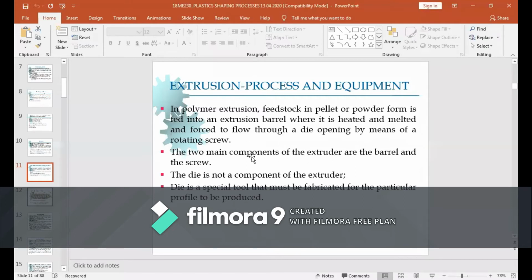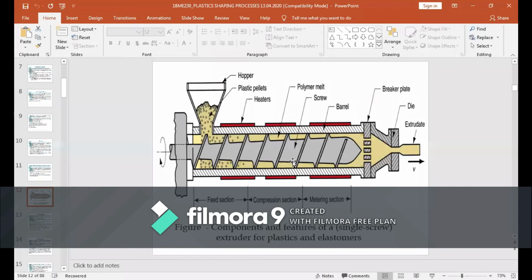The barrel is this whole section. The barrel contains a screw. Here they are mentioning a single screw. This screw makes a compressive action. It will compress and melt your material, because it is rotating. Due to this rotating action, the polymer material will melt.